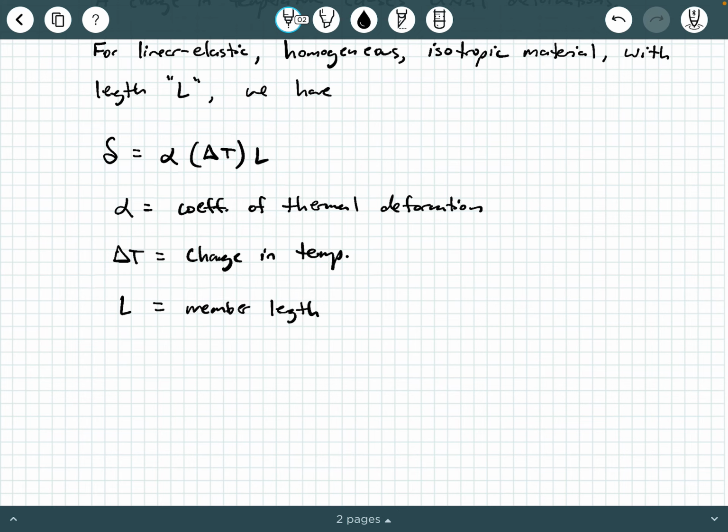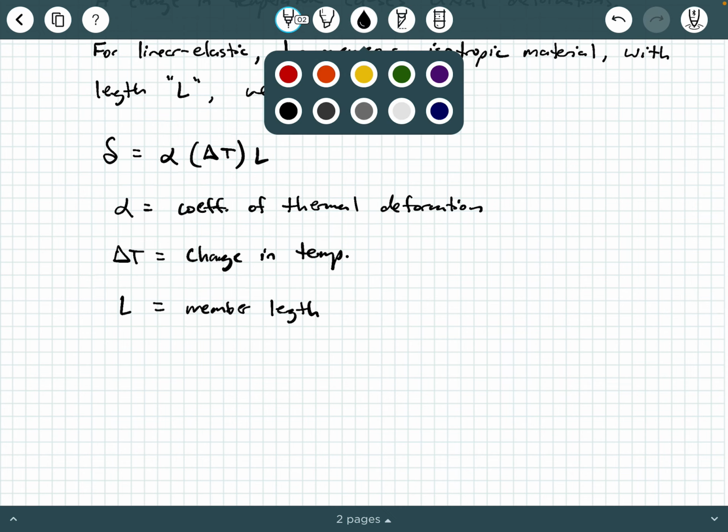This is a basic formula. You just multiply these three values together for a given length with all constant properties, and you will get this thermal deformation. This is axial elongation or contraction, axial deformation due to the member being subject to a change in temperature only. Notice that this particular formula does not have any applied forces built into it. This is due to only a change in temperature.